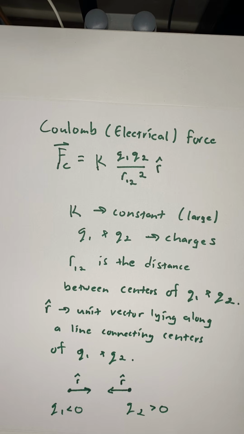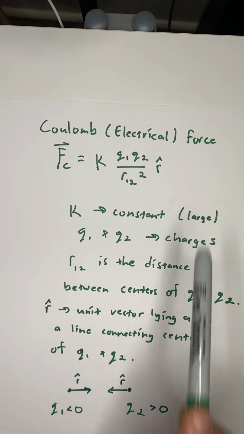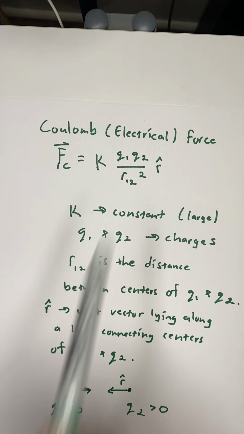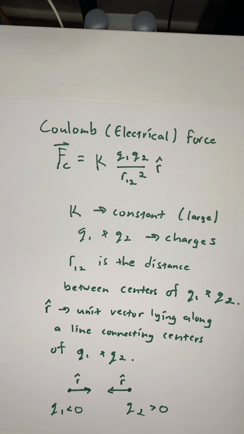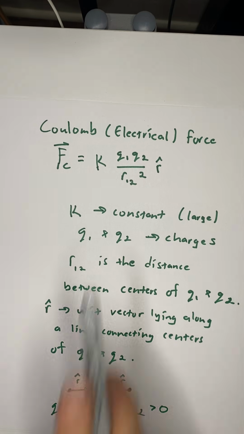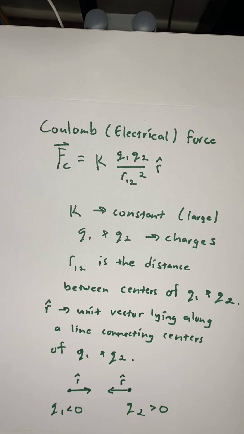That is totally fine. What they're doing is determining the magnitude and finding the direction by inspection, which is basically what this amounts to. If one of these is negative, I get a negative sign here. I'm going to interpret that as an attractive force. If both Q1 and Q2 are negative, I get a positive sign here. If both Q1 and Q2 are positive, I get a positive sign out of this multiplication. I'm going to interpret that as a repulsive force.